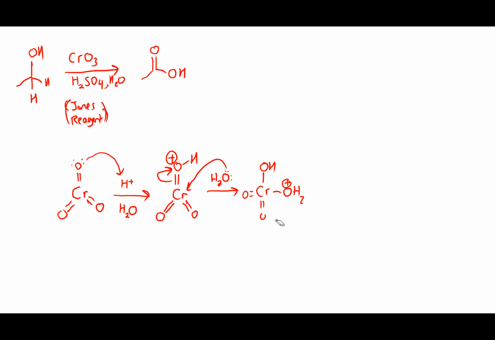So I've got my alcohol, and I don't currently have an acid. But this whole oxygen making bonds to chromium thing is what we're going to do. So I'm going to do what's called proton transfer.